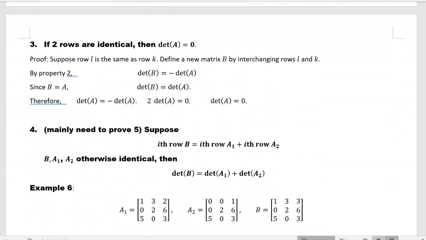Okay. 3. If two rows are identical, then the determinant is 0. So here is the proof.